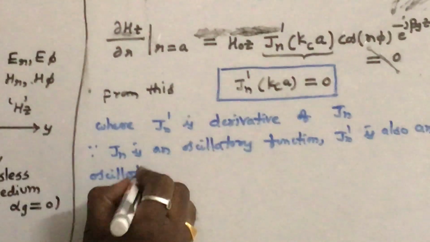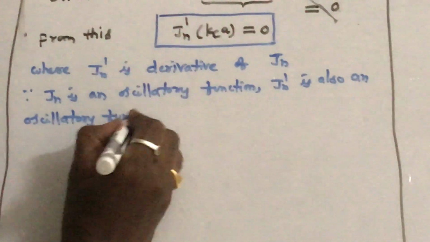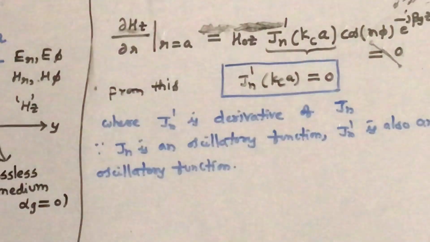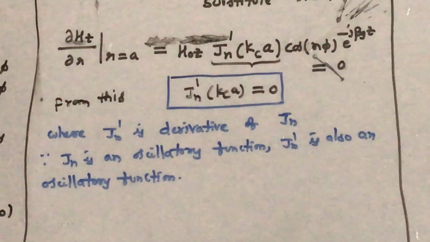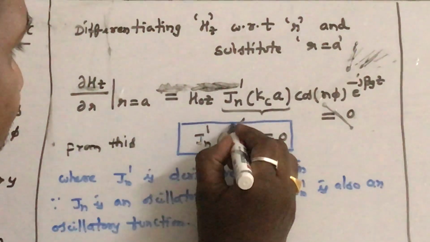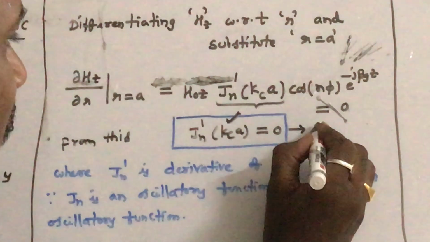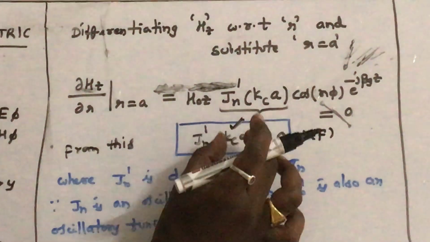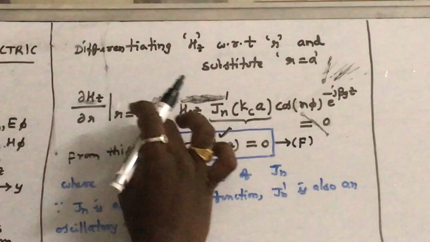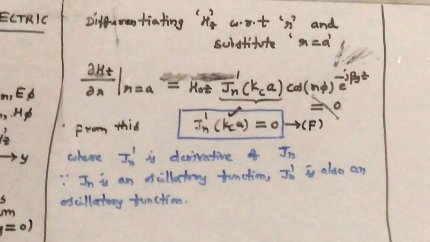You have to remember that, oscillatory function. So there are infinite number of values of Kc into A which satisfy this equation F.